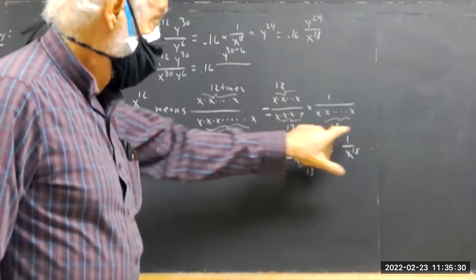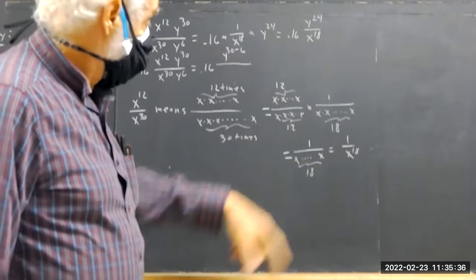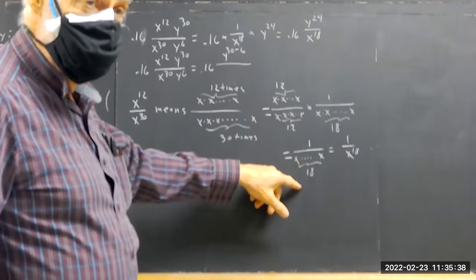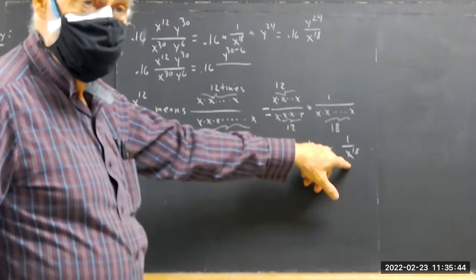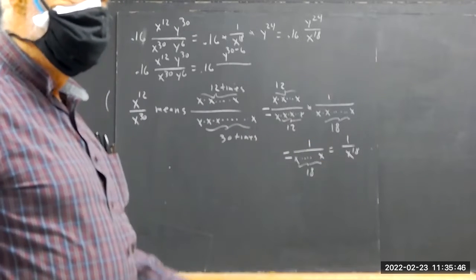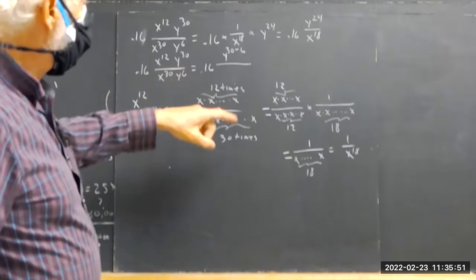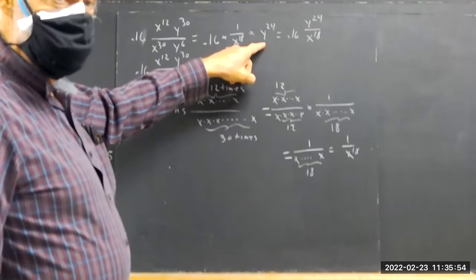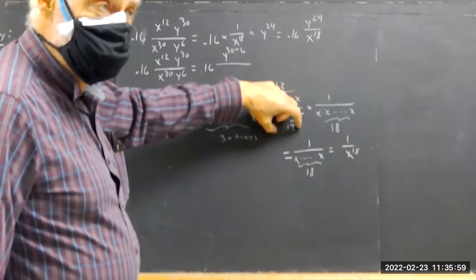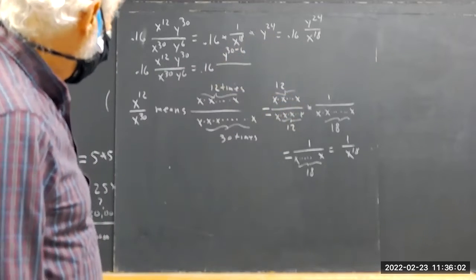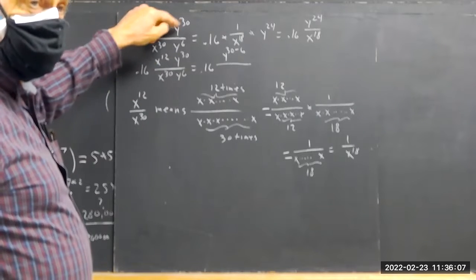Then I've got the other 18 x's. I've got to have them all in the denominator, but I've got 18 of them. And this gives me 1 over the product of 18 x's, right? Which is x to the 18th. That's the reason the rule works. Once we understand the reason and can visualize it, we can visualize why we get y to the 24th here. Because just like I matched up these 12 x factors, we could match up 6 of these, 6 of these.